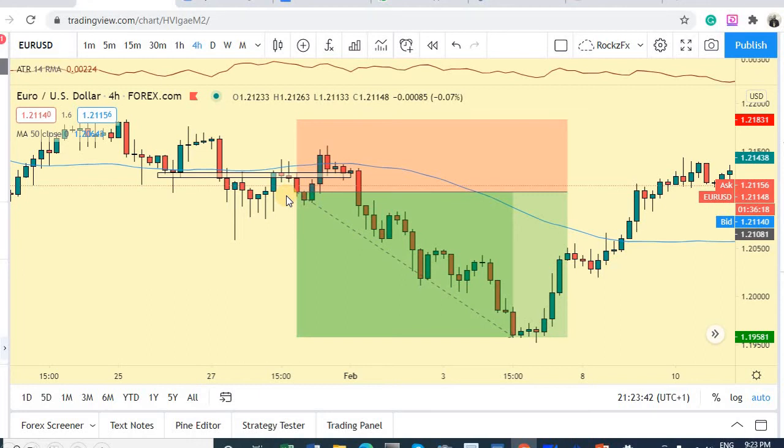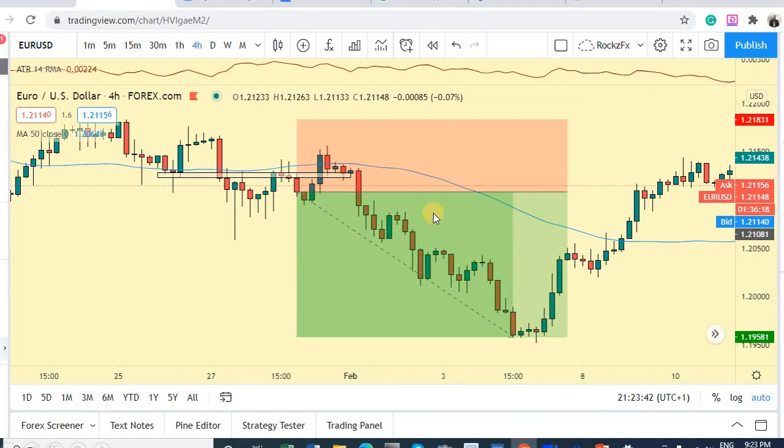So as part of the trader's strategy, he took the trade here, placed his entry here, and took the stop loss above the most recent swing highs and targeted about a risk to reward ratio of 2.